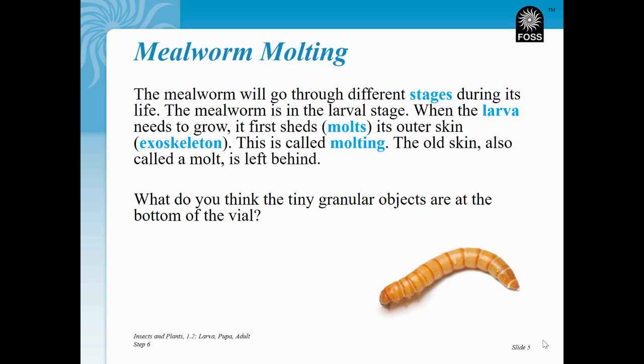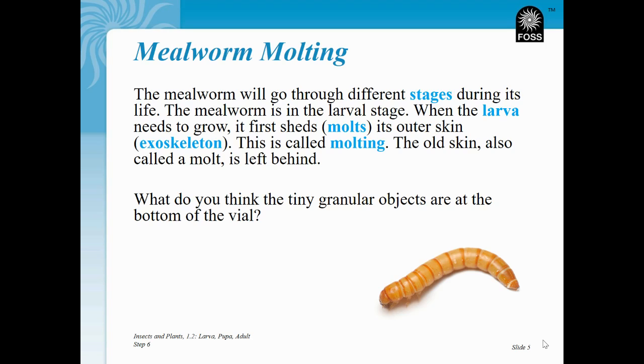The mealworm will go through different stages during its life. The mealworm is in the larval stage. When the larva needs to grow, it first sheds or molts its outer skin or exoskeleton. This is called molting.